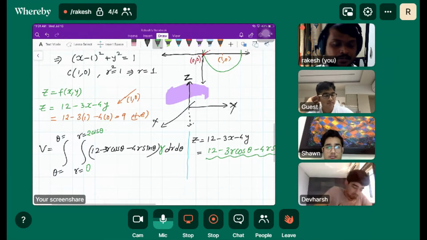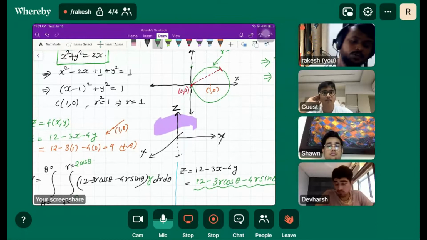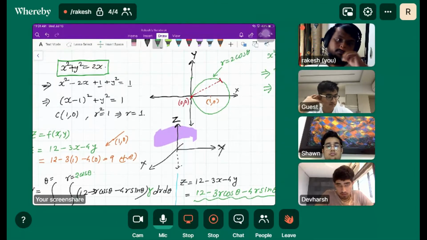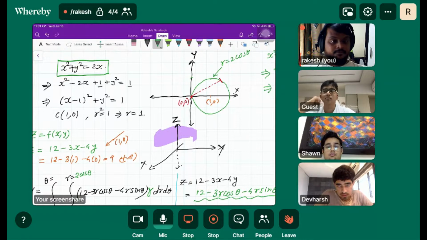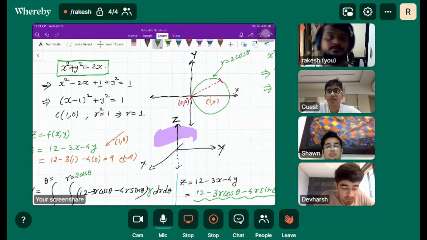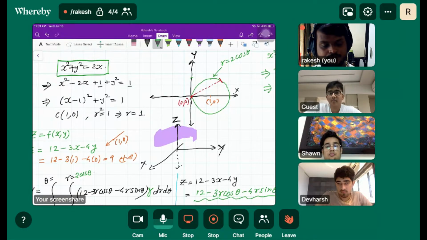Now, can anybody tell me about theta here? What is the lower and upper limit of theta? 0 is the lower limit and 2 pi is the upper, I think. The full circle. But we are starting from 0, right?